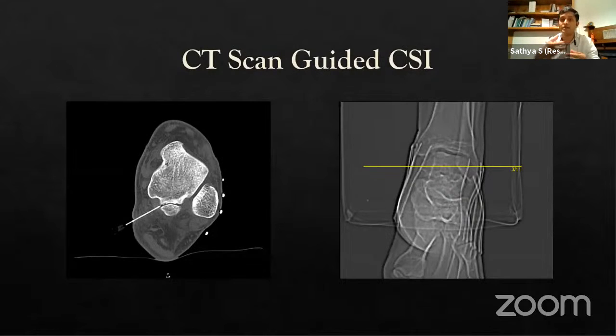His inversion and eversion were completely limited, and walking on uneven surfaces or along the beach was very hard. So he underwent a corticosteroid injection using CT scan guidance. These white dot marks are the markers. They mark that area on the medial and lateral sides, to insert from the posterior medial aspect into the subtalar area and inject corticosteroid solution there.